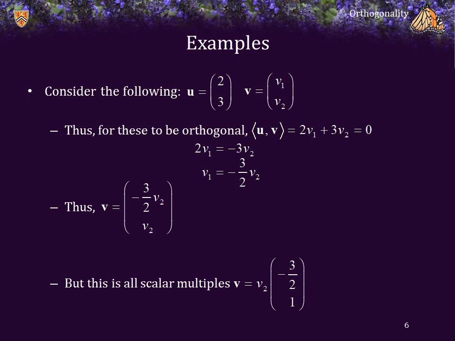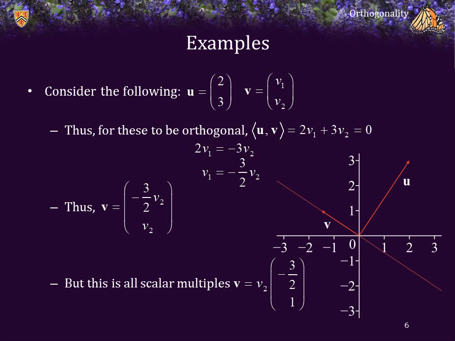So if we actually plot the vectors 2, 3 and negative 3 halves, 1, we see that yes, indeed, these are right angles, and as you can see, all scalar multiples of the vector v do appear to be at right angles to u. And in 2 dimensions, these are the only vectors that are orthogonal to this vector u.